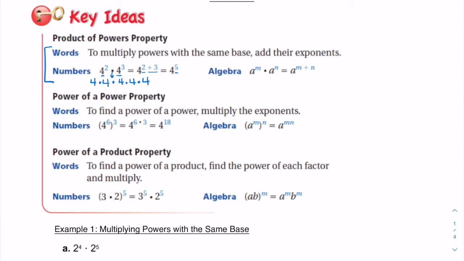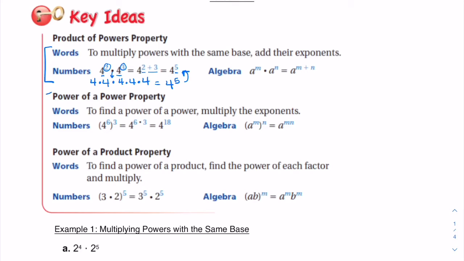Ahora, si yo te doy este problema, right here, y te digo que escríbalo usando exponentes, teniendo la misma base, usted, acuérdese, cuenta nomás 1, 2, 3, 4, 5. ¿Cuántas veces se multiplicó 4? 4 a la potencia de 5. Por eso, la única cosa que tiene que hacer es tomar el 2, sumarle con el 3, and that's how you get your 4 to the power of 5.